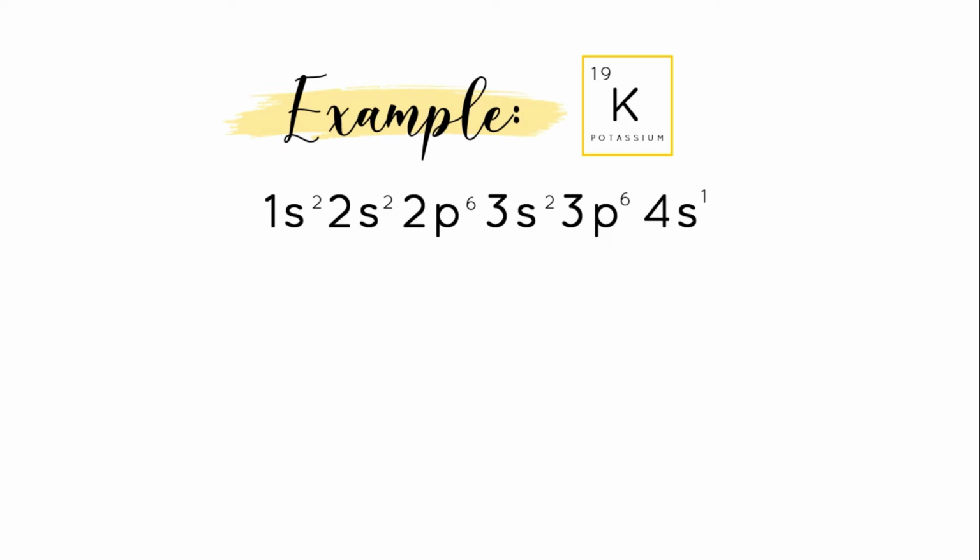Therefore, we need to draw one box. The S subshell here holds 2 electrons since 1s2. The superscript rather is 2. So we need to draw 2 arrows. So arrows up first before all arrows down. So 1, 2. Next, we have 2s2.